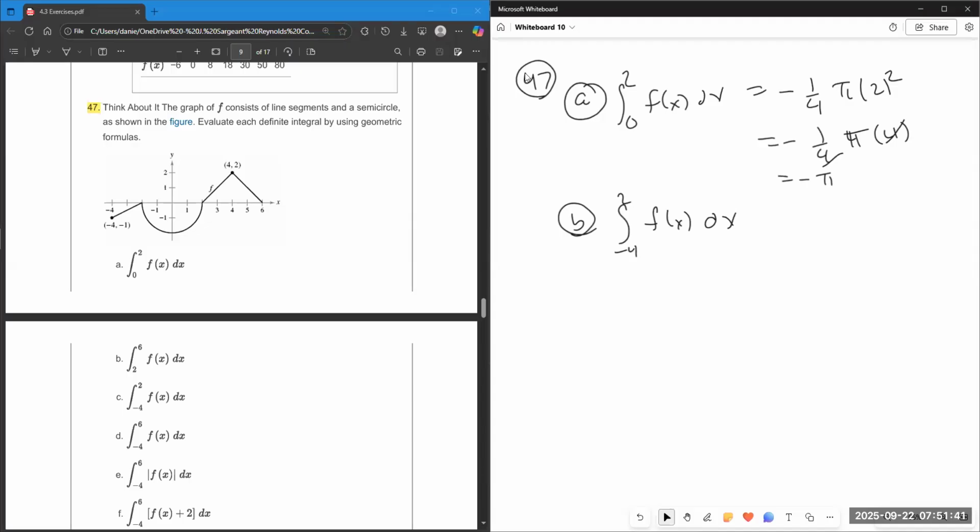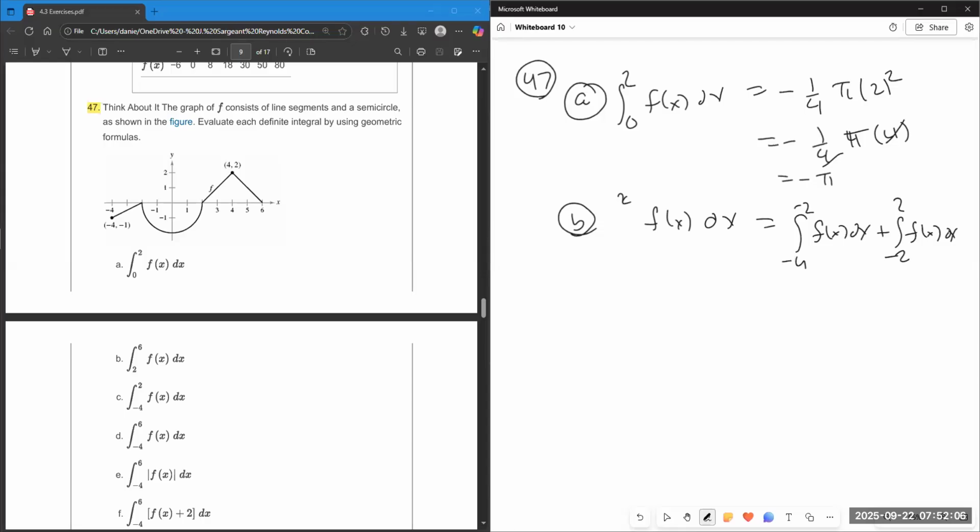Negative 4 to 2 is two different shapes. I'm going to break up from negative 4 to negative 2 plus negative 2 to 2. And how did I say that?